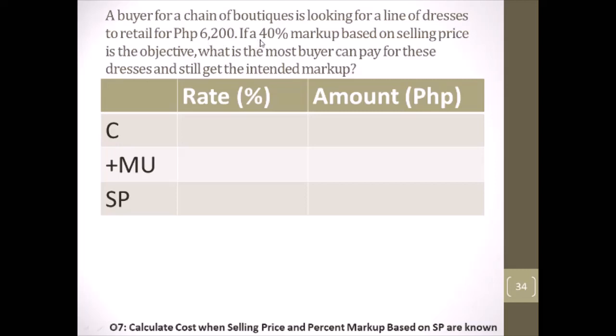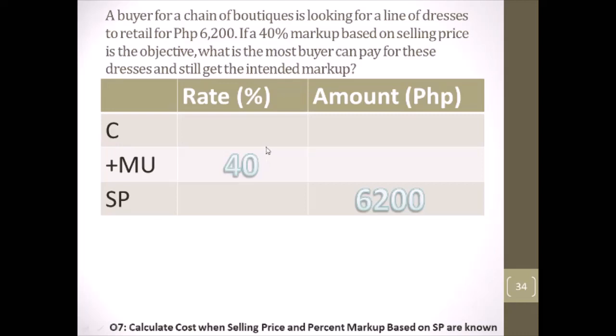If a 40% markup based on selling price is the objective, what is the most the buyer can pay for these dresses and still get the intended markup? So we have 6,200 as the selling price, to retail for 6,200 pesos. Markup rate is 40%. We have 40 here.